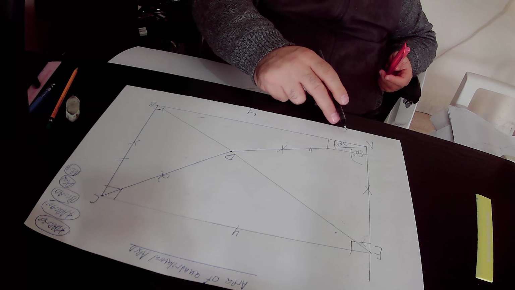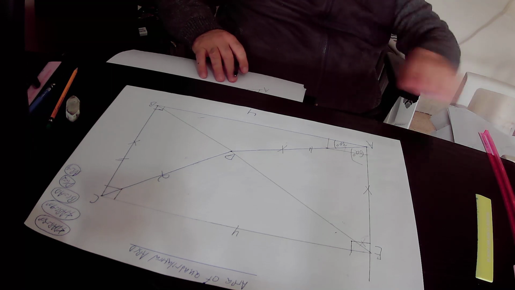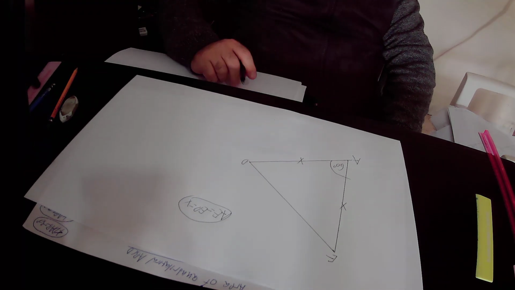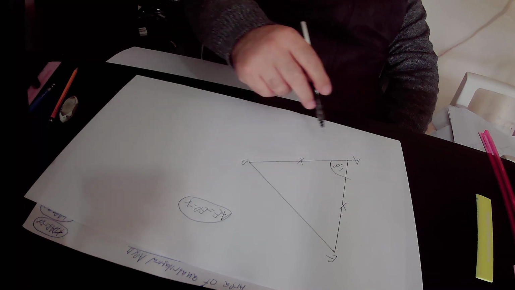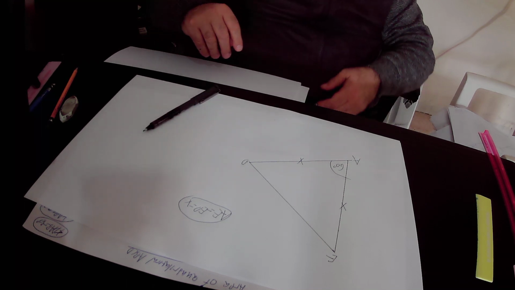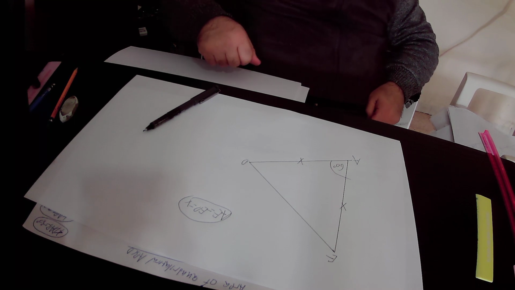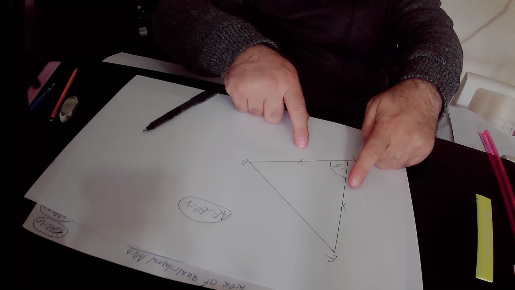Angle DAE equals 60 degrees. So I copied triangle AED in a new page, and we know that AE equals AD, and we have the rule that opposite equal sides in a triangle there are equal angles.